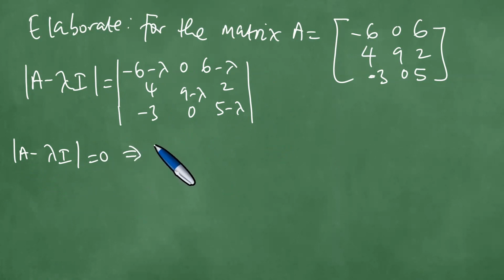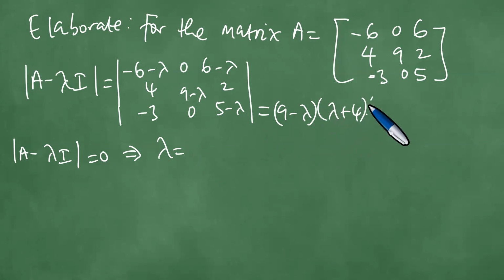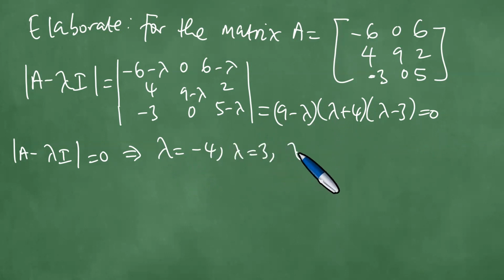I'm not going to waste a lot of time there. So here it means that lambda becomes, so this becomes 9 minus lambda, which is lambda minus 3. And then this is minus 4, 3, 9.